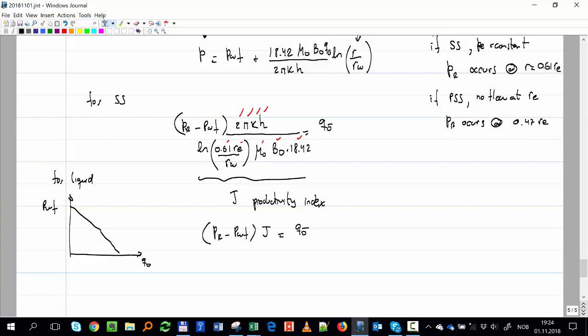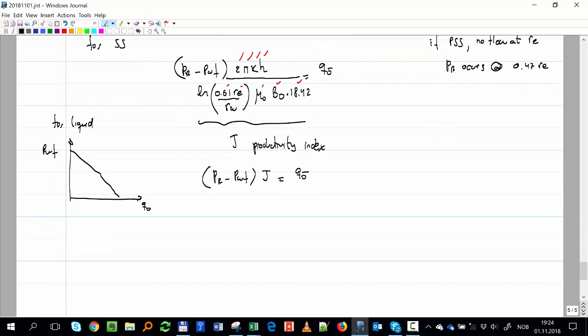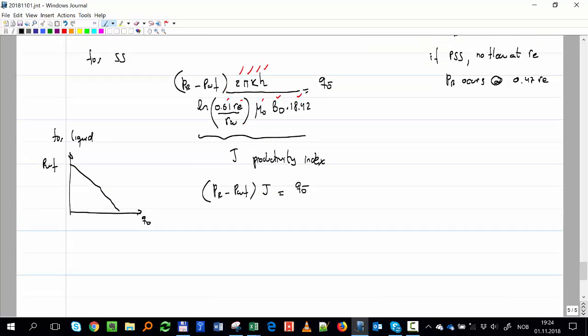Now, there is something that we have to mention here. Let's go back to this 0.61. So let's rearrange that, okay? QO equal to, you will see now why I'm doing this. It's the same equation, but I'm going to express it in a slightly different way.